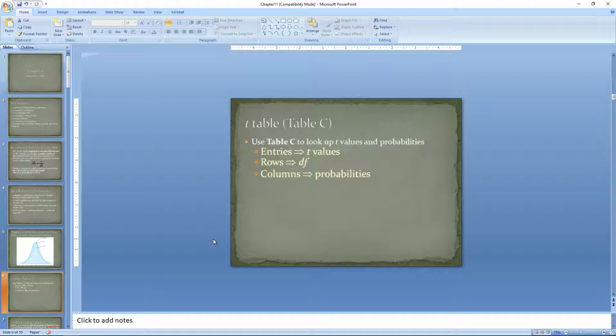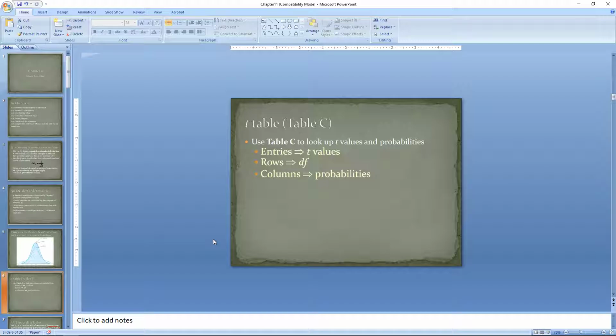As you look down, there are three big bold printed items at the very top: the cumulative probability, the upper tail probability, and the probability in two tails. In the previous chapter, we were always using one tail probability, but now we're definitely going to have to understand the difference between one tail and two tail. So hopefully you're comfortable with one tail, because now we're going to start introducing the two tail within everything.